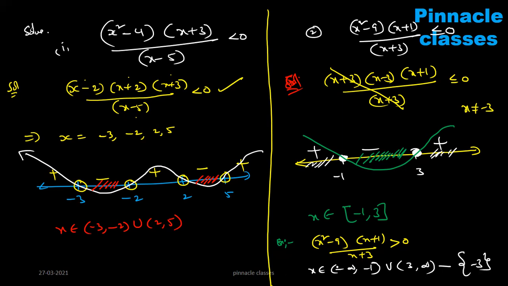Because x belongs to minus infinity to minus 1 means minus 3 is also included now. But in this case x is equal to minus 3 means undefined. We should remove that number. Yes, sir. That is the meaning. That's why I'm giving this example. Excellent model. Getting this one? Yes, sir. That is the reason.